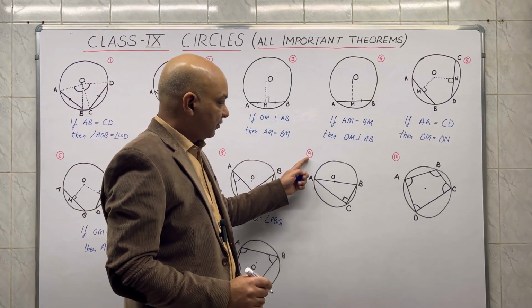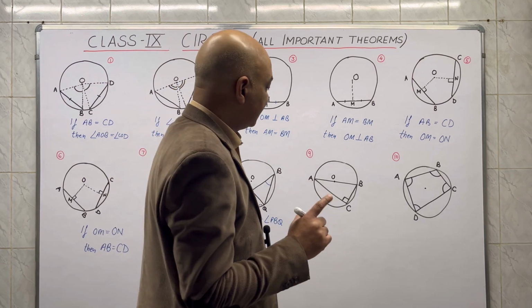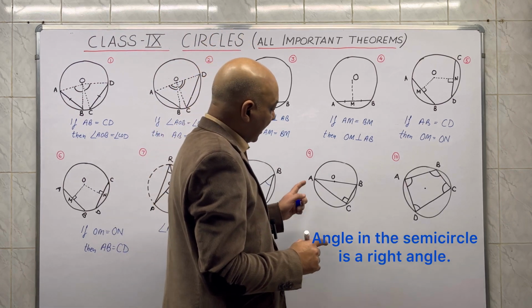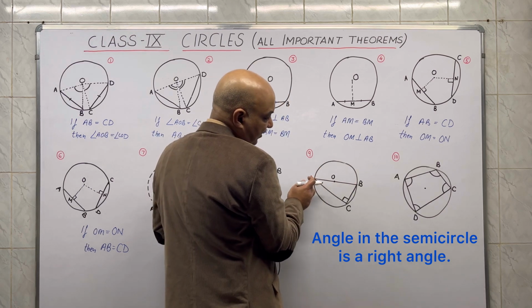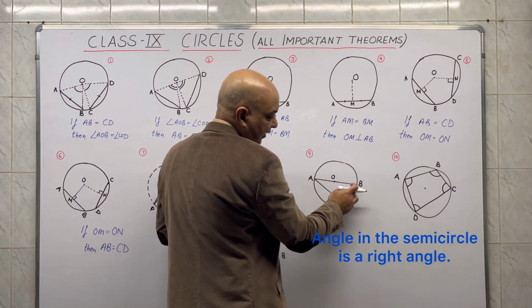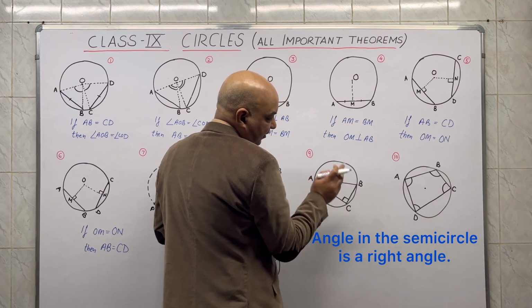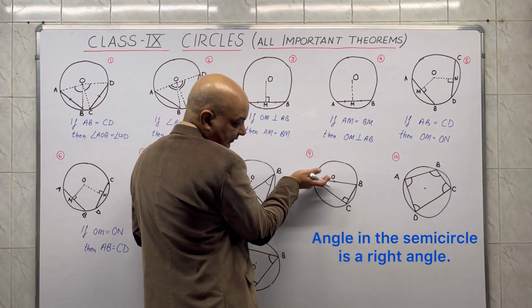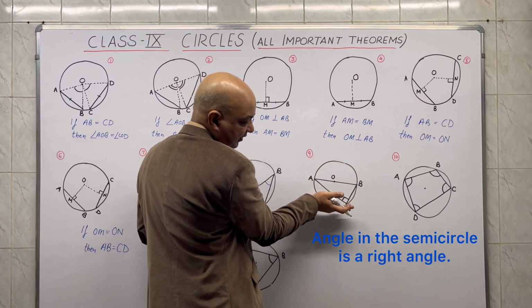Now, theorem number 9, which is actually a property, states that the angle in a semicircle is a right angle. As you can see, O is the center and AB is a diameter. So AB is dividing the circle into two equal semicircles.